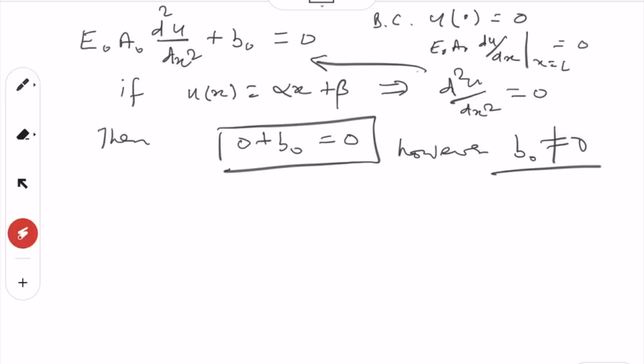So you have three equations, number 1, number 2 and number 3, and u has to satisfy all of them. Then you have only two unknowns, alpha and beta, and three equations.